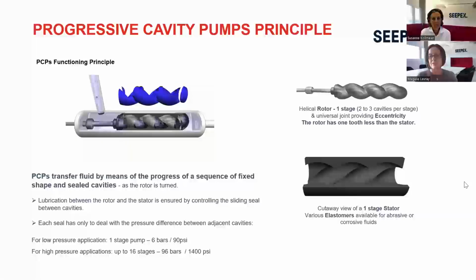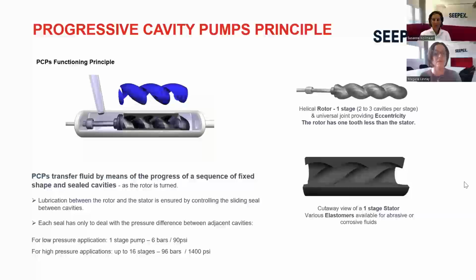As a result, for low pressure applications, we have a one stage pump that can handle a maximum discharge pressure of 6 bar, that is 90 psi. For higher pressure applications, we add stages so that we can handle the higher pressure, up to 16 stages, for a discharge pressure of 96 bar or 1400 psi.